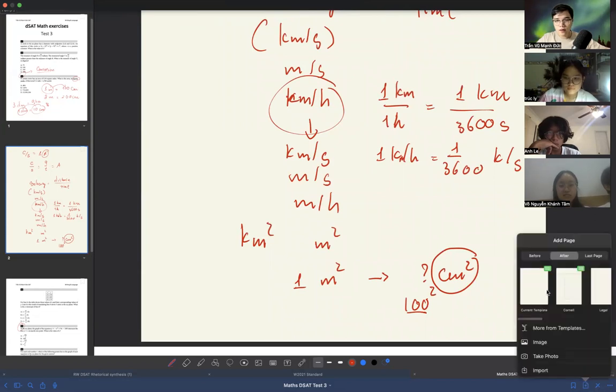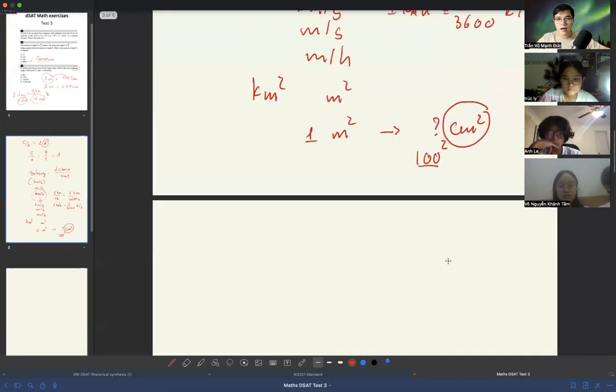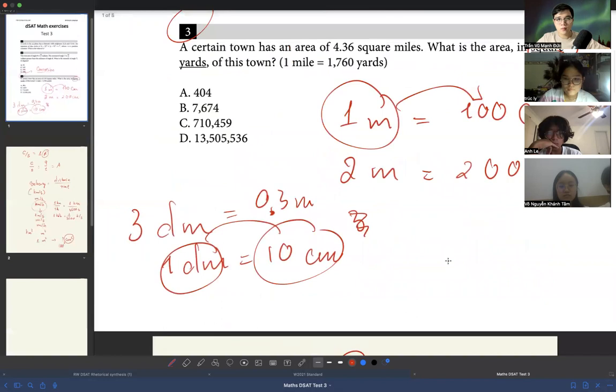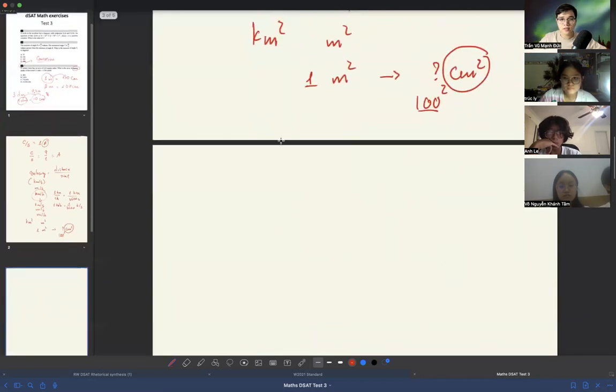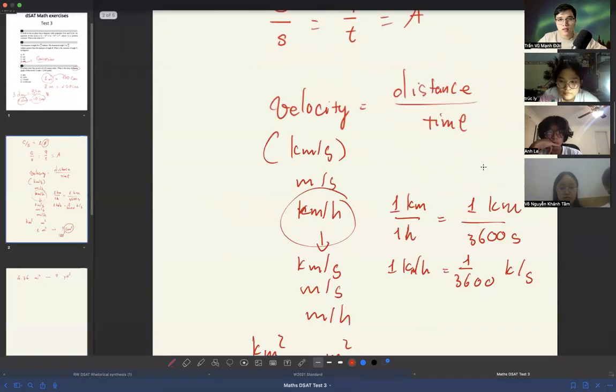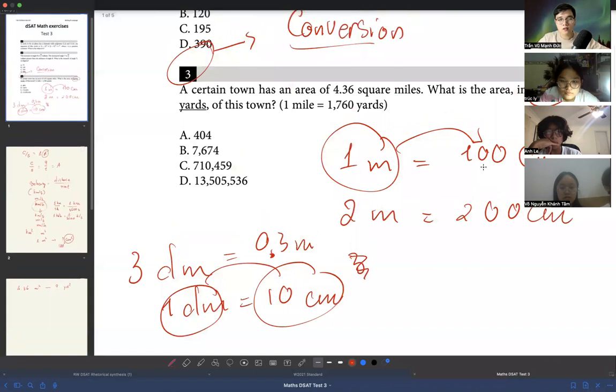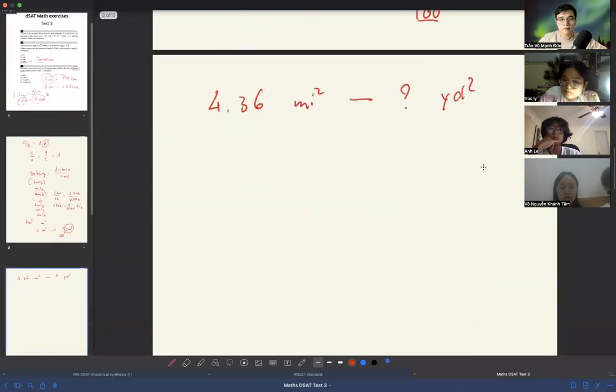So let's see your explanation, right? Let me just copy it and summarize it. 4.36 square miles equals how many square yards, given that 1 mile equals 1760.